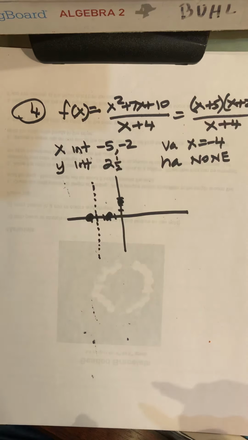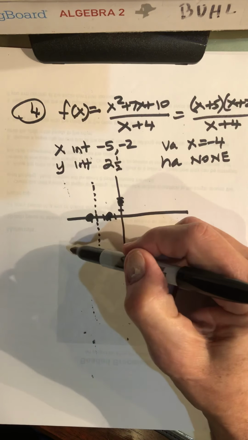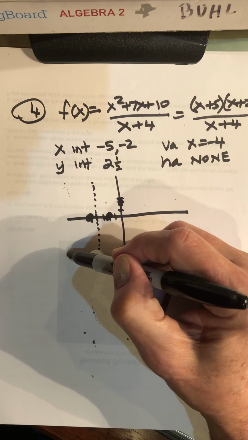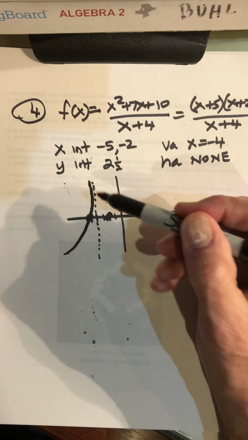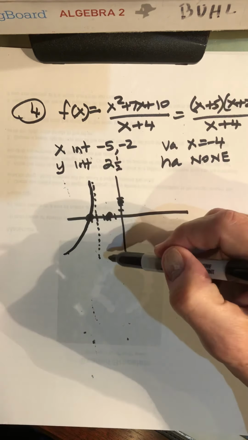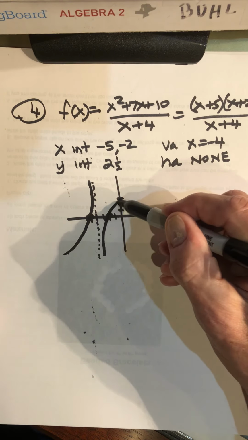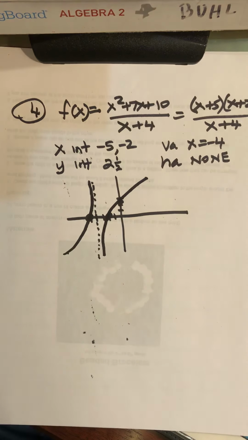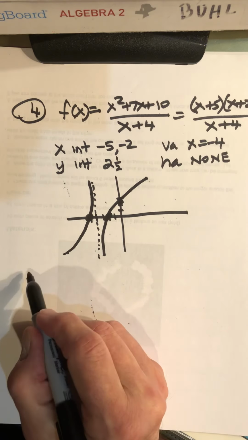Now, this is an interesting graph. This graph actually looks like this. That looks different than some of the others that we've done so far. Very interesting. Let's get another interesting graph.